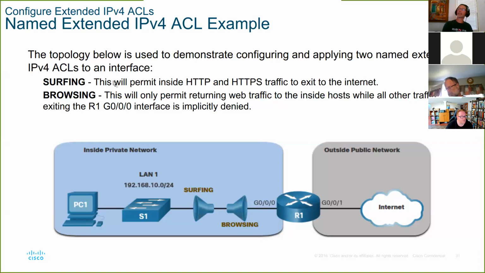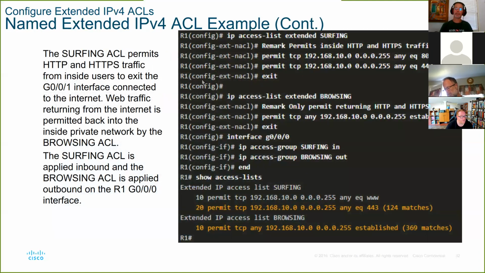Surfing is all the people inside going out to the internet, and they're calling browsing the return traffic. I don't know, that's a little confusing to me, but maybe not to others. And this is what it looks like. Allow 80 and 443 out, and then allow all the return traffic back in. So on gig 0/0, maybe that's connected to my ISP. I can put the surfing, or no, that's connected to my LAN.